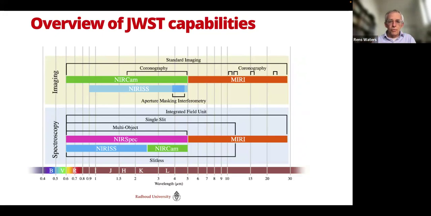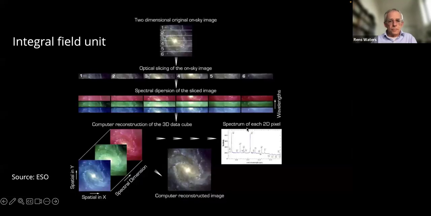So that would be just impossible to go through during this lecture, but I thought this might still help you to get a first level overview of the different imaging and spectroscopic capabilities of the telescope with the different instruments. And so if you're interested, I suggest you go to the website and look at your favorite instrument and see what kind of modes you would like to use for your observations.